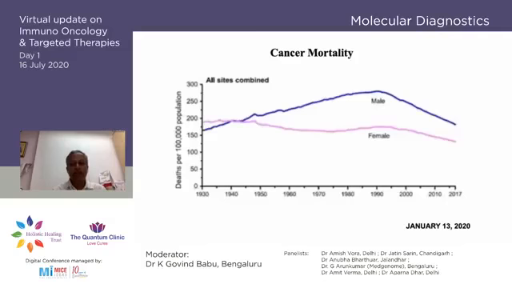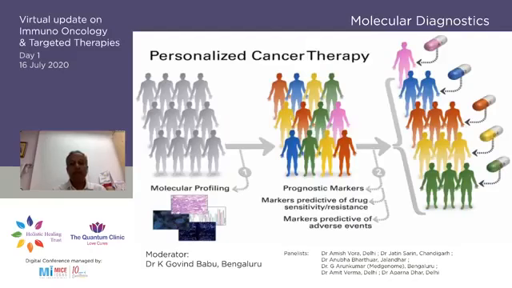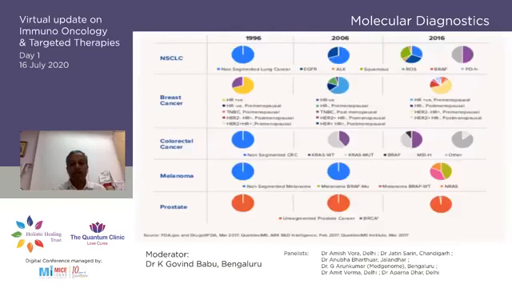This is just to tell you that cancer mortality has definitely decreased over time. This is data from 1930, and this was published this January, showing you that there is a definite fall in both men and women dying due to cancers. And I believe it is because of this, because we're looking at personalized cancer care therapy, we're looking at markers, and that is what this whole panel discussion is going to be about. So this is just to show you some of the major cancers and how it has changed over time.